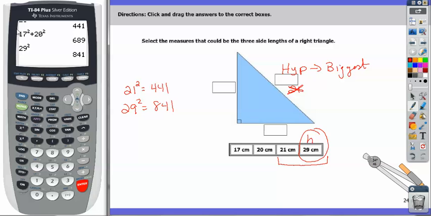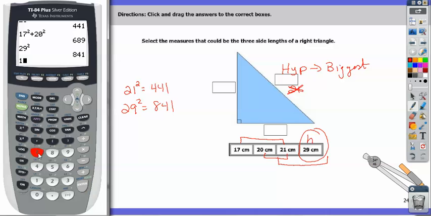841. Now I know 17 squared plus 20 squared is 689. I only have 2 other possibilities. It can be 17 and 21 or 20 and 21. So let's try those. 17 and 21 is not 841.